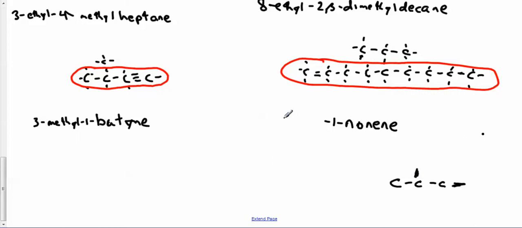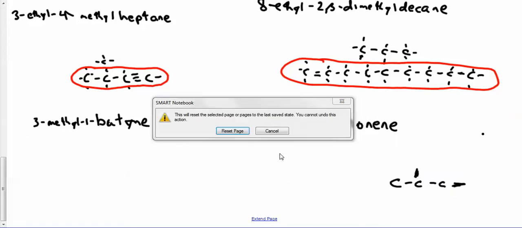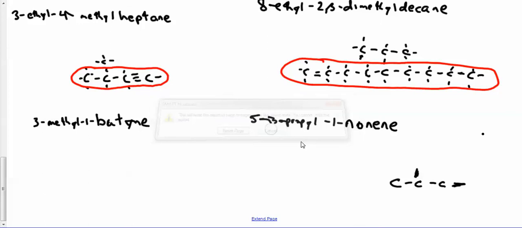I call this special branch, which happens to be called isopropyl, and it's off of number 1, 2, 3, 4, 5. So this is 5-isopropyl. These are the only 2 types of special branches for 3.